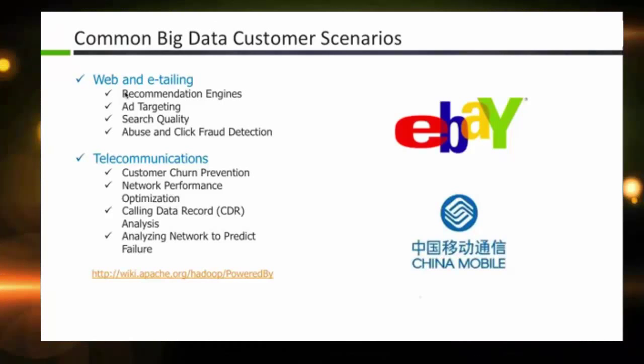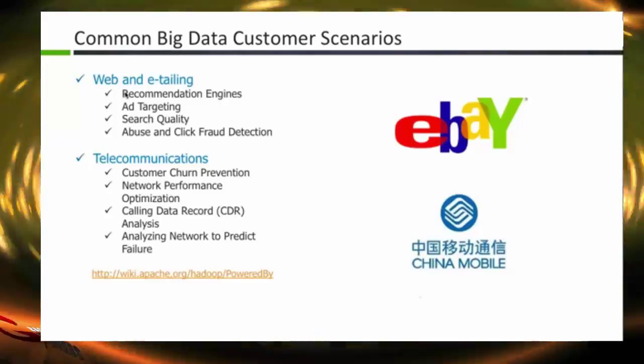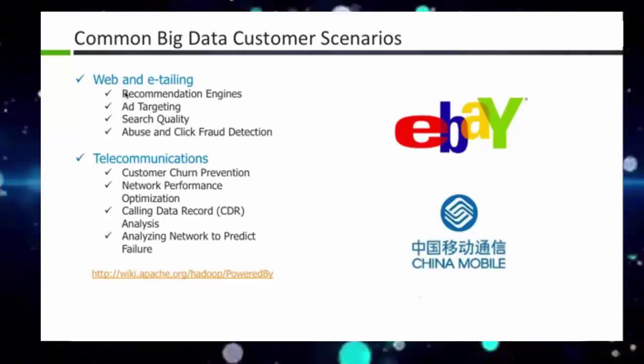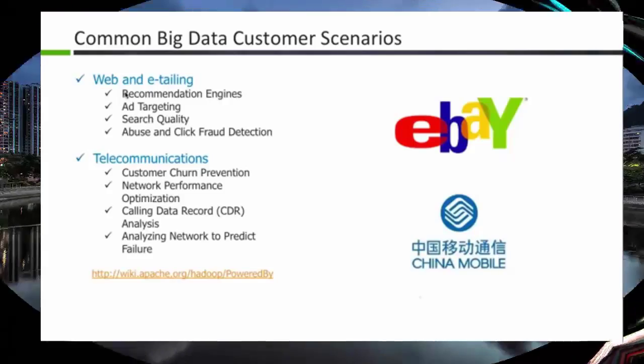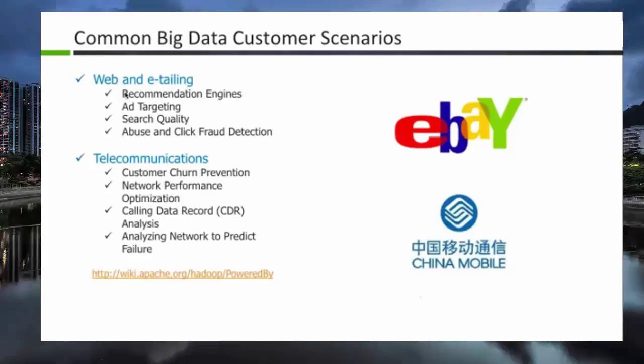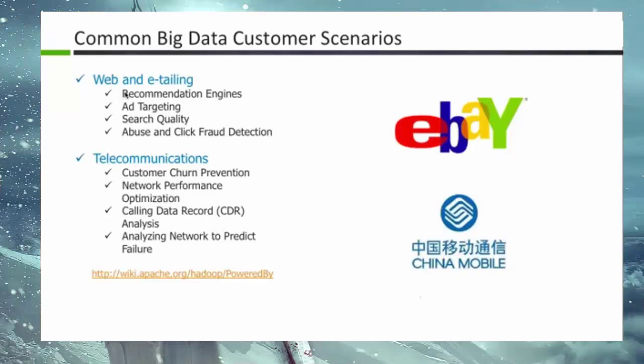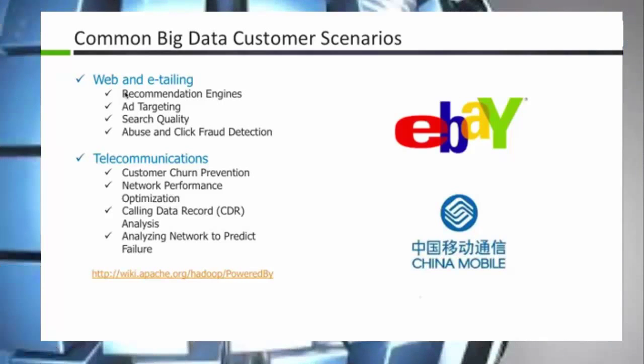Then in telecommunications, there is China Mobile, and Airtel also uses it. A lot of Indian mobile companies use it, and in fact a lot of companies in the US also use Hadoop right now. It is used for network performance optimization and call data record analysis. All this call data is unstructured data, audio data.